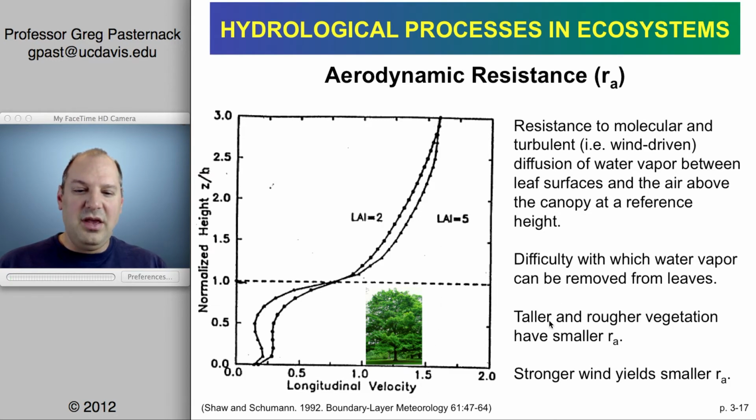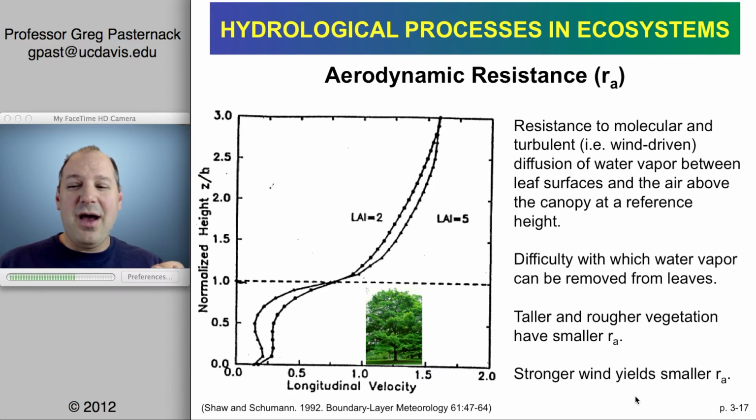And it's not just a simple function of velocity. Higher velocity means you're constantly bringing in fresher air, so stronger wind should yield a greater flux of water vapor, which means that there's a smaller resistance. So r_a is aerodynamic resistance to evaporation, and so strong winds produce a small resistance.